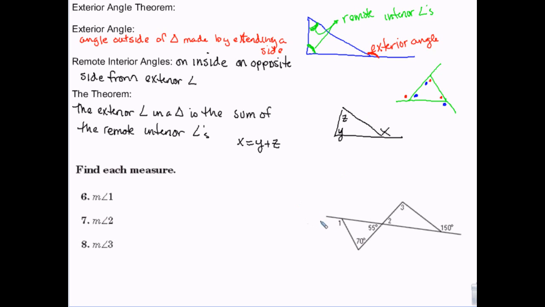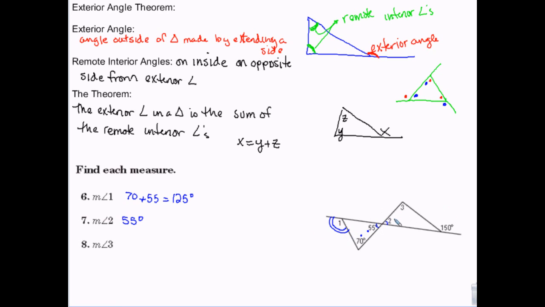So we want to find the measure of angle 1. Angle 1 is exterior. And these are my two remote angles. My remote interior angles are on the other side of the triangle, so it's 70 plus 55. Angle 2, we have vertical angles. So angle 2 is the same, so it's 55 degrees. So let me do this so we don't get confused.